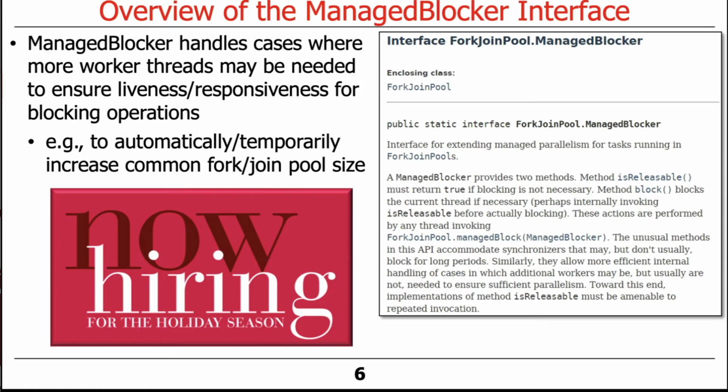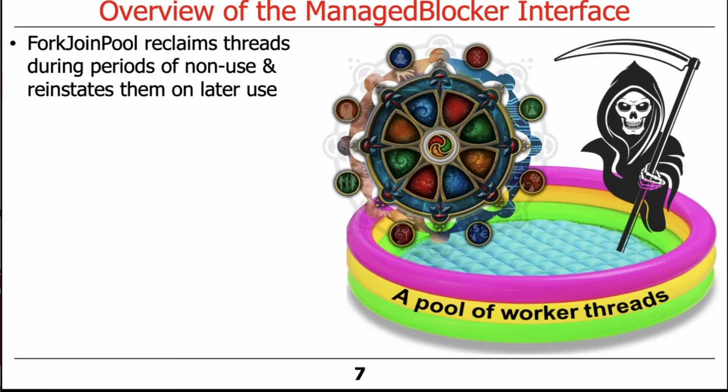And what managed blocker does, just to reiterate what we talked about before, is it automatically and temporarily increases the common fork join pool size. And what that means is that the common fork join pool can reclaim threads during periods of non-use and then reinstate them later if they're needed again.